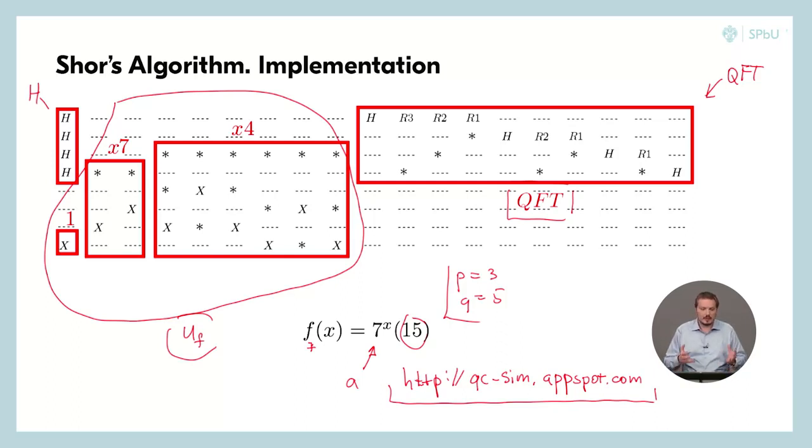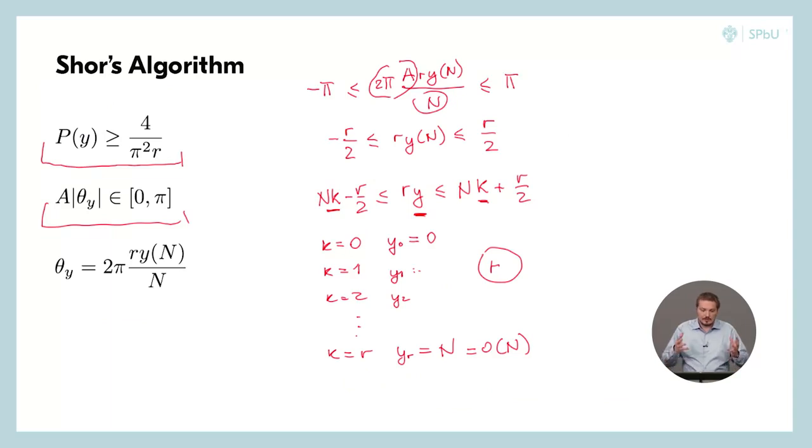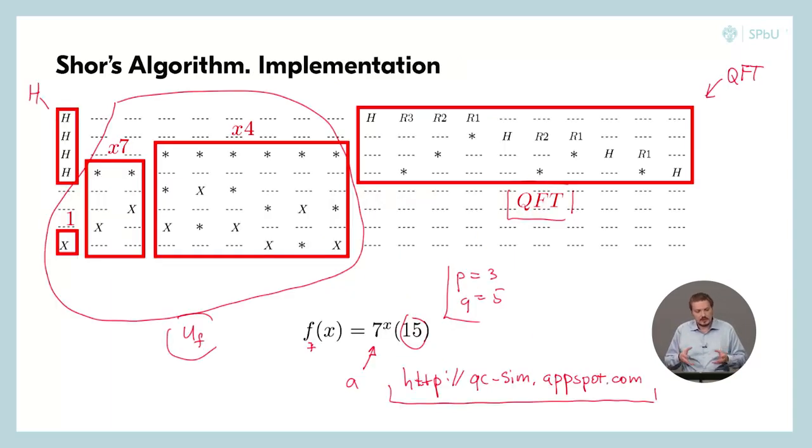So for big N, for classical computing, this problem is intractable. And for quantum computation, it's just a little bit time consuming. So what I'm trying to say is that Shor's algorithm provides us with an exponential speedup over classical computing for this task of factoring and period finding.